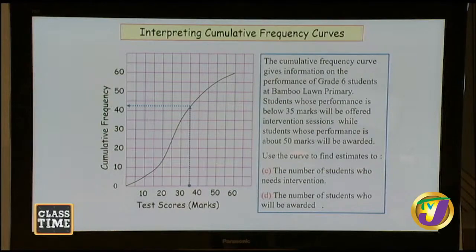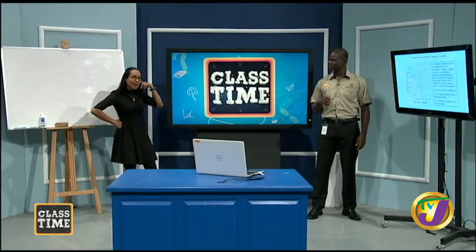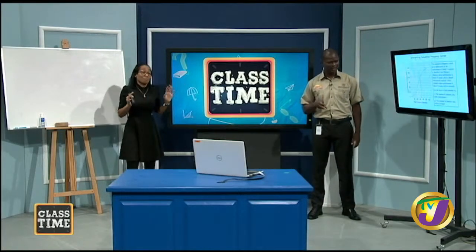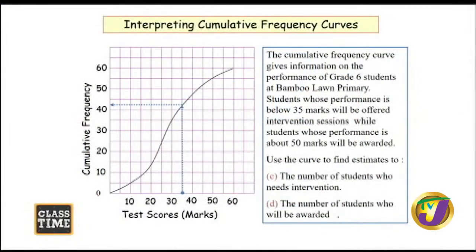So it can't be 42.5. That means it would be around 42 or 43. So approximately 42 or 43 students would need intervention.